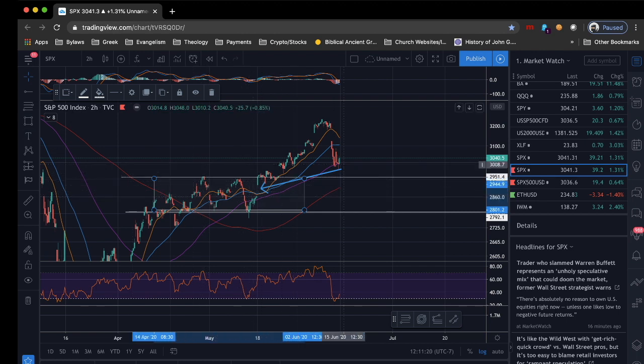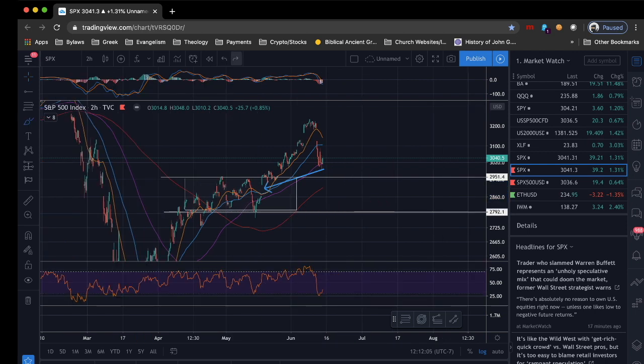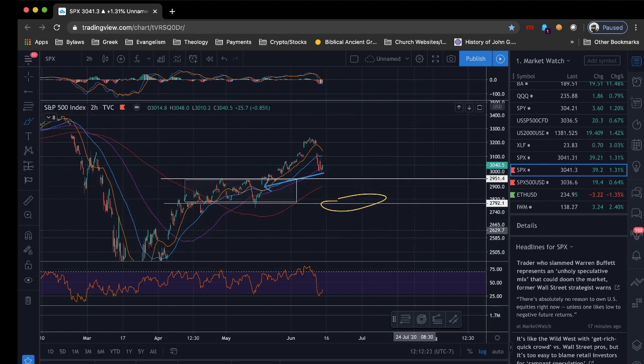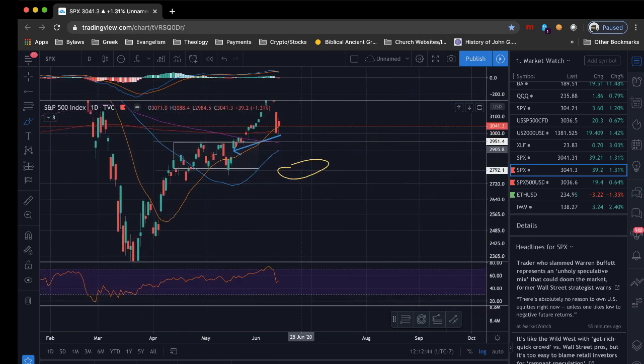And then once we enter this danger zone, if you will, this box area, then we're going to find some support at the bottom as well, and we'll probably bounce from that area. Now, if we break that second support, this area right here, then most likely we are headed even lower. And if we're headed lower, you can bet that we are going to be retesting some of those previous gaps. And if we get there, then we'll assess accordingly once we get there.